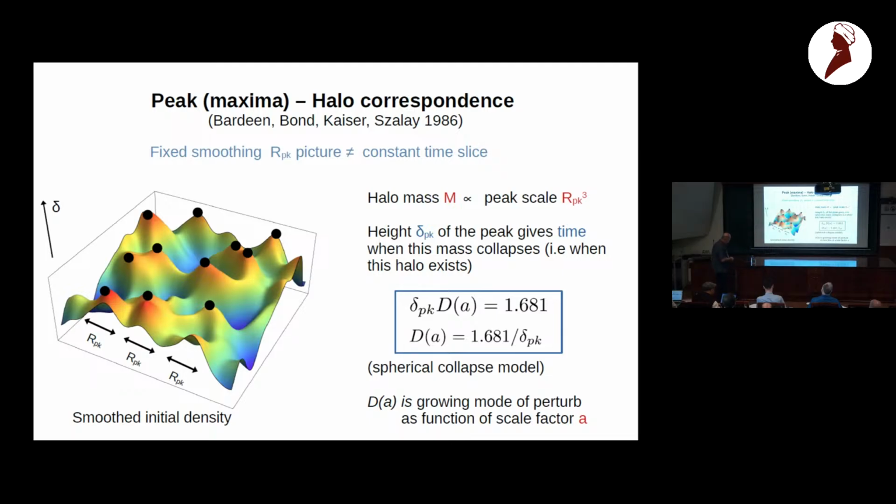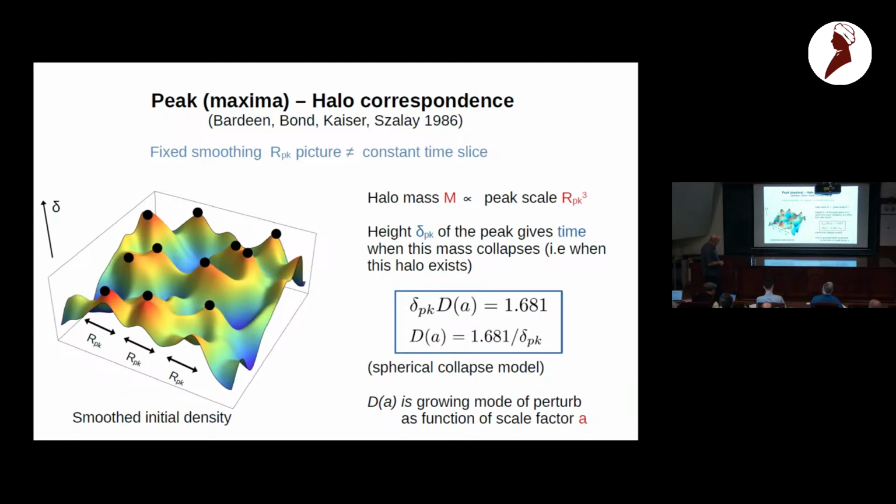So this slice of initial data is not a picture of constant time of the halos, right? Every peak here will form a halo at a different redshift, at a different time. It will form in a spherical collapse picture when its value reaches a critical density, and from the point of view of time, that's actually pretty good, more or less.